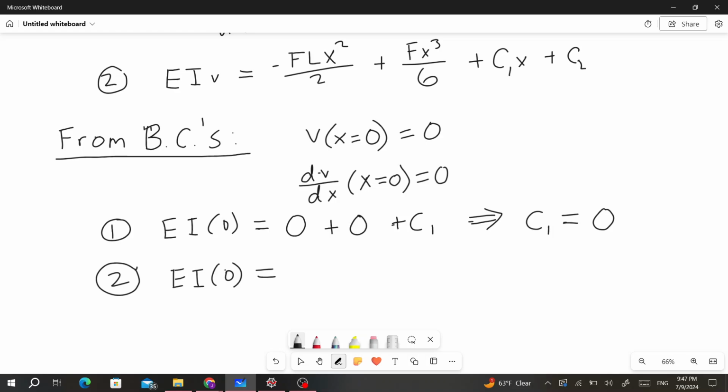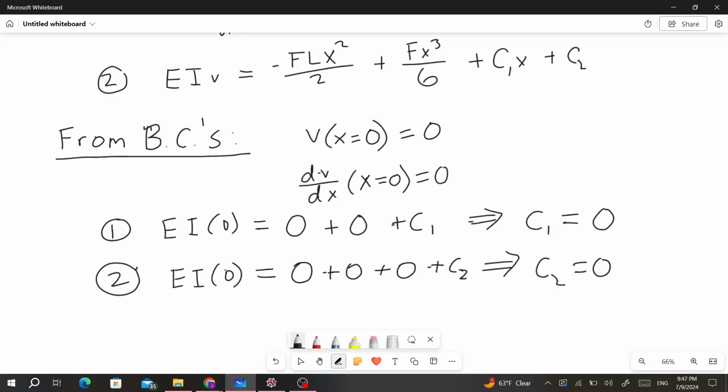That's equal to the first term, FL x squared over 2, but x equals 0, so that's 0, plus Fx cubed over 6, which is also 0. c1 times x is also 0. All of that plus c2. So again, we have another constant of integration equal to 0, so c2 is equal to 0.